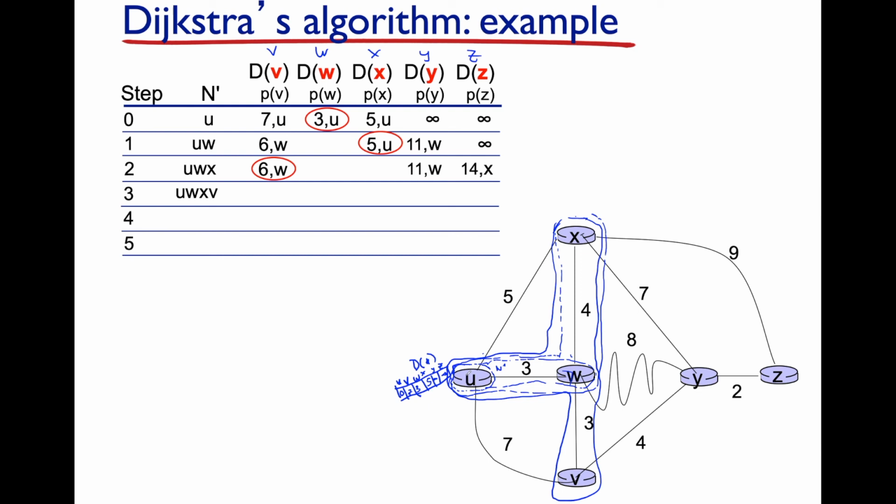Well, if I go indirectly through v, that's a cost of 7. 7 plus 4 is 11. It's not a better path cost, so I'm going to keep the old one. Okay. So if I keep the old one, I have no more neighbors of v that aren't already in n prime, so I stop. All right.